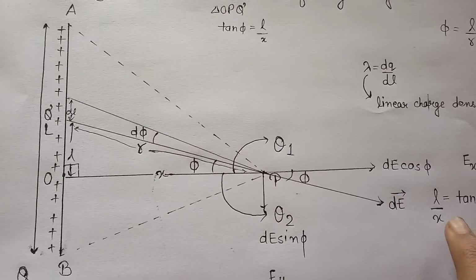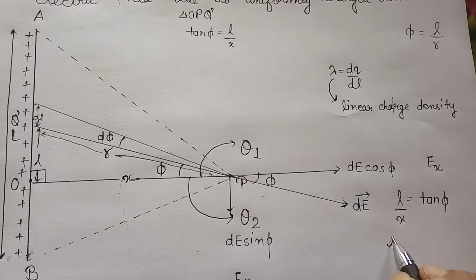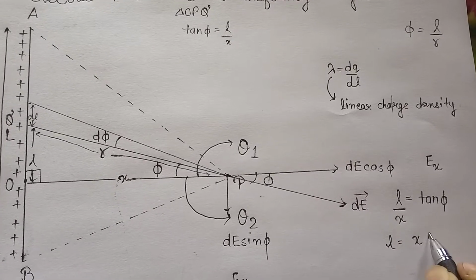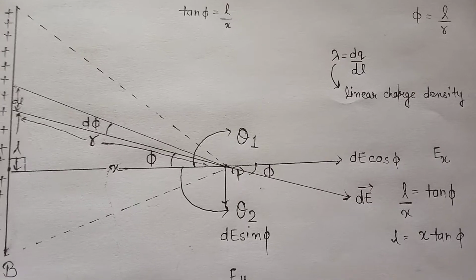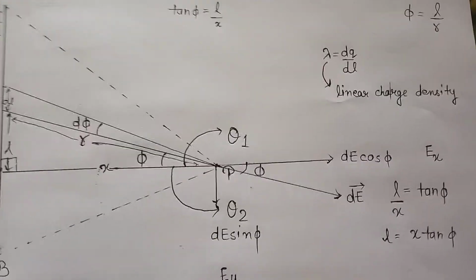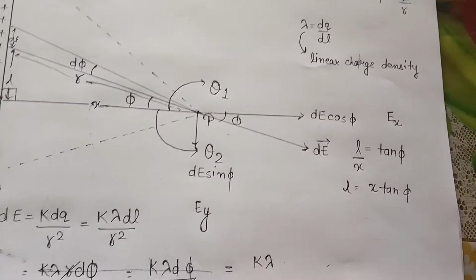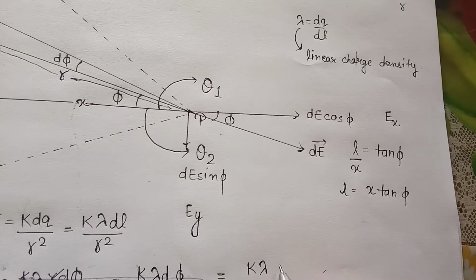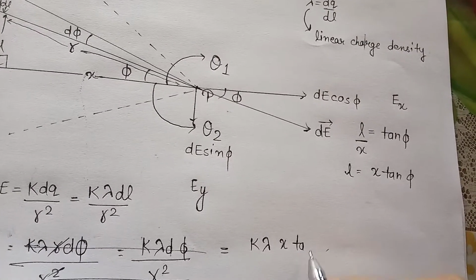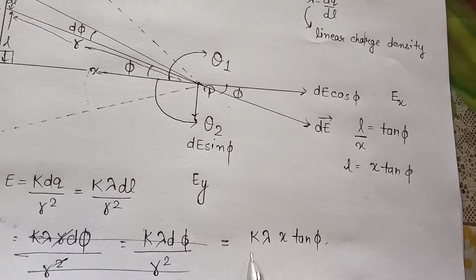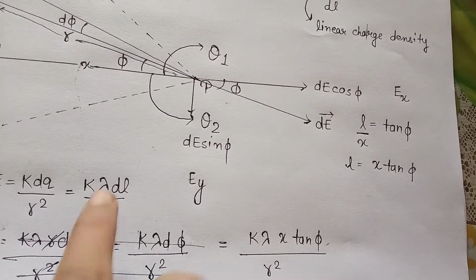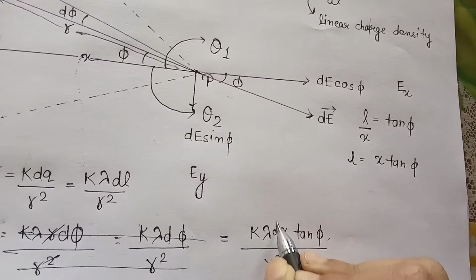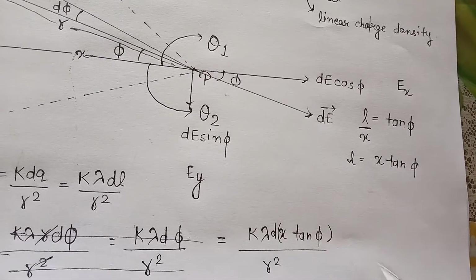So L can also be written as x tan phi. So we will write it down like this: k lambda upon r square, but this is its differentiation, so we have to write d here.